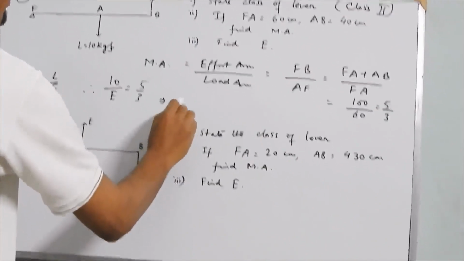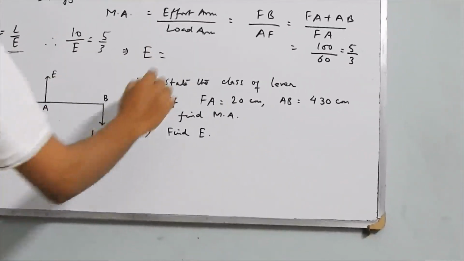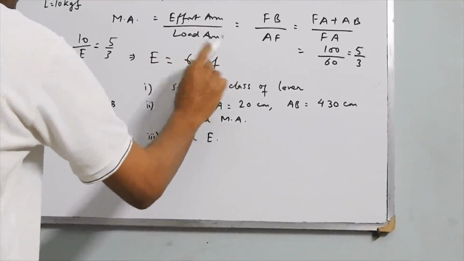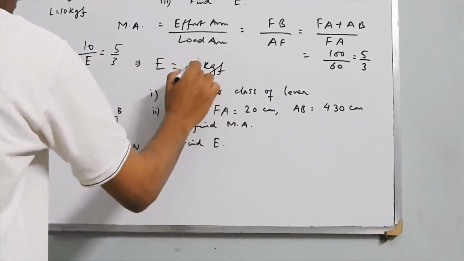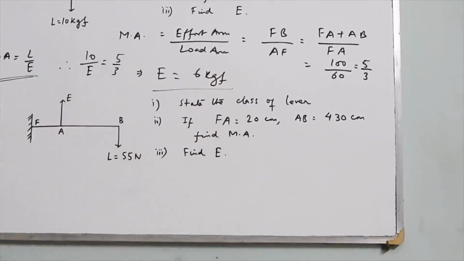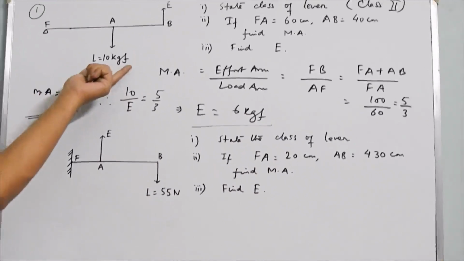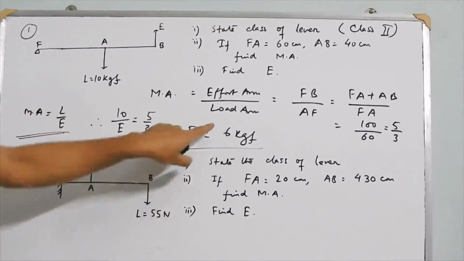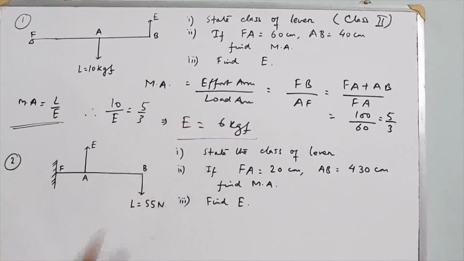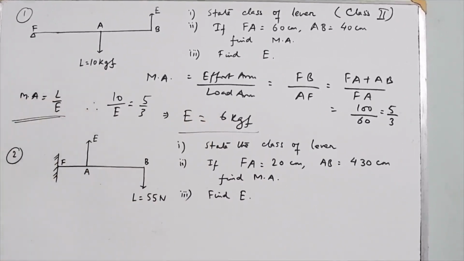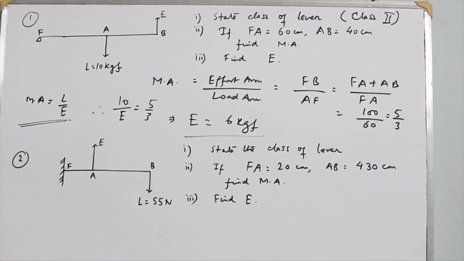So from this you get effort as 5 into 2, 6 kgf will be the value of the effort. So you see that we are lifting a load of 10 kgf applying an effort of 6 kgf. So obviously by applying lesser effort we are capable of lifting a larger load, that is the application of class 2 lever.